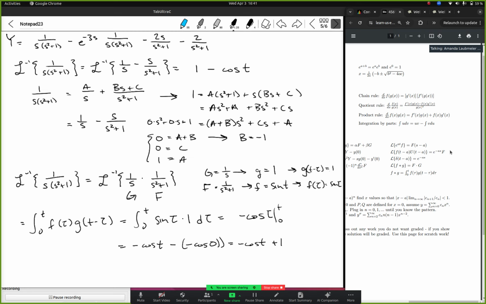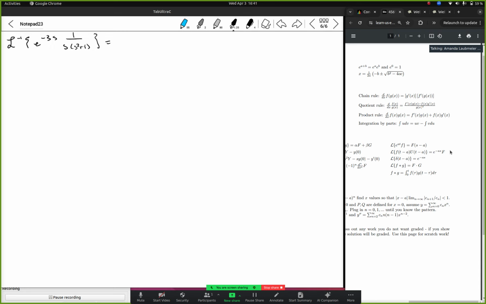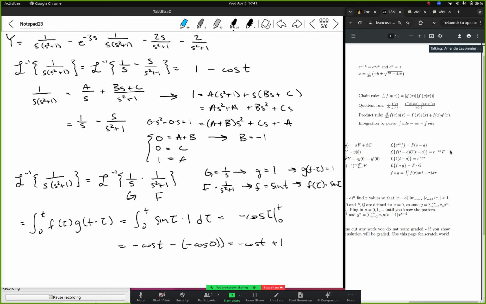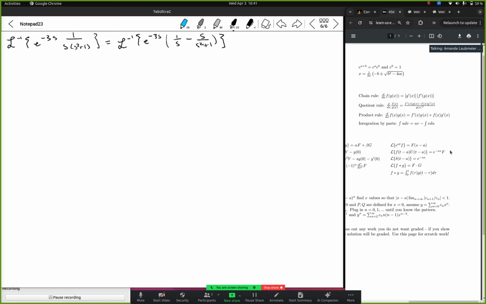I'm going to do the partial fraction one because it's my favorite. I'm going to make sure that I copied that down right. Yes. Okay. I like partial fraction too because then I can break this up into two different Laplace transforms.